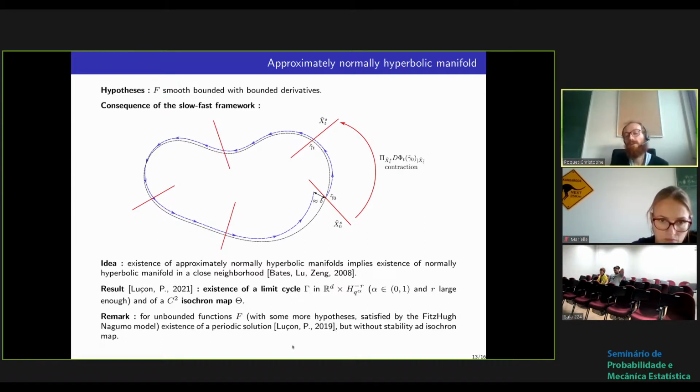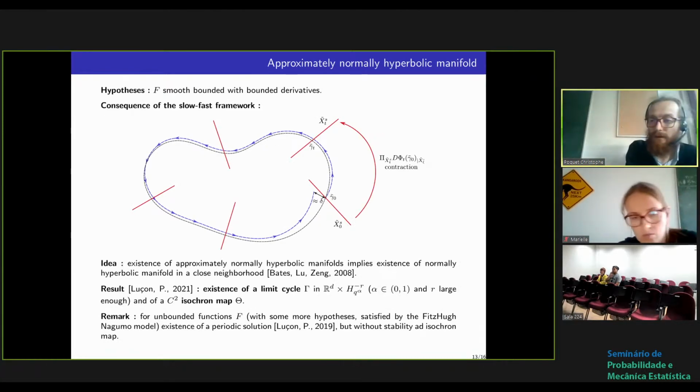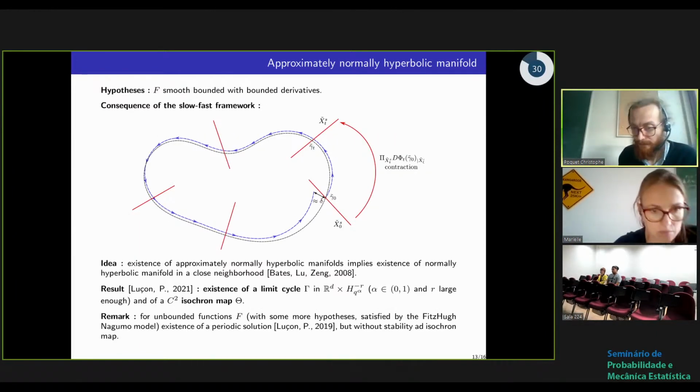We did this with Eric, but we had to prove it more by hand, and we didn't have this nice stability structure with the hypothesis of F unbounded. If you take F bounded, then you can use this very strong result, and you have all the stability results that come with it. Okay, so maybe I will stop here.